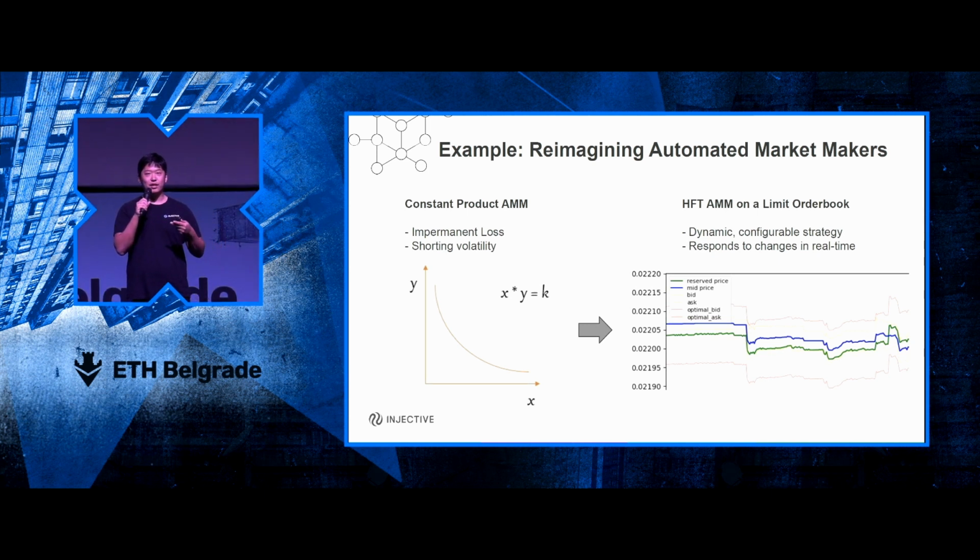Then you can have a dynamic strategy that will take in real-time data from the chain, let's say oracle prices, volatility, the order flow that you get in real time, and respond and market make appropriately. And the result is you can have a dramatically more capital efficient and also dynamic strategy that can make money.